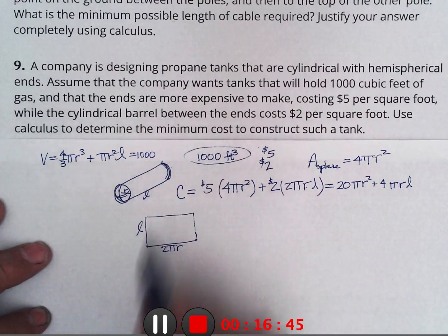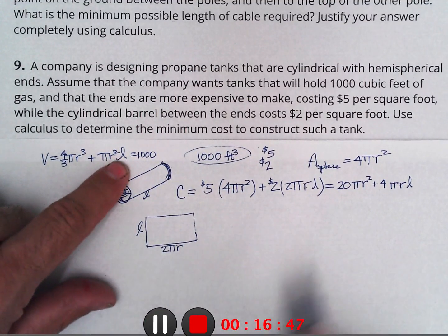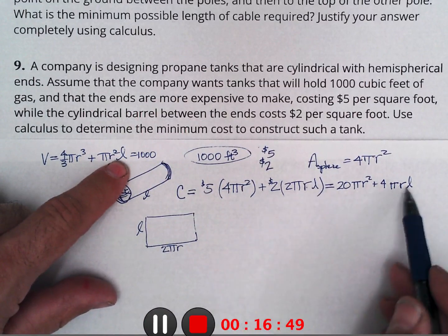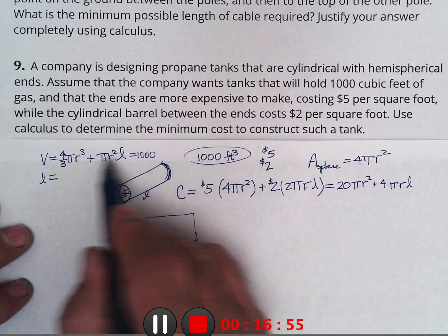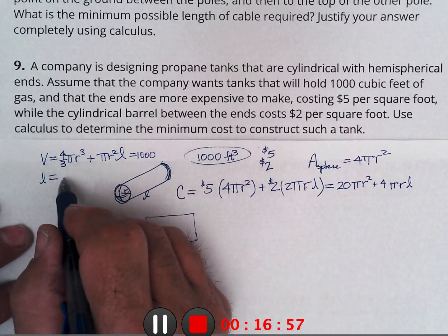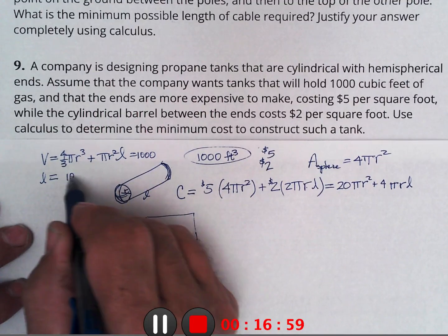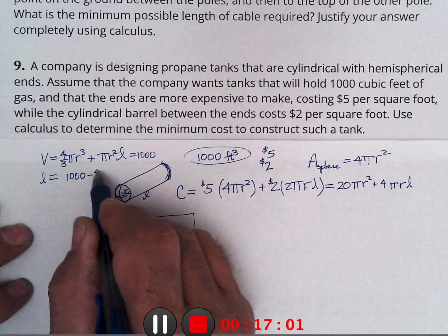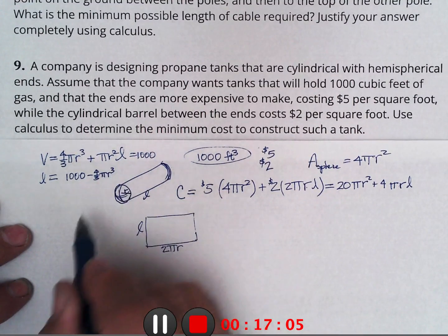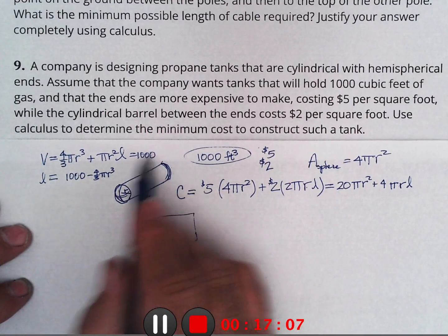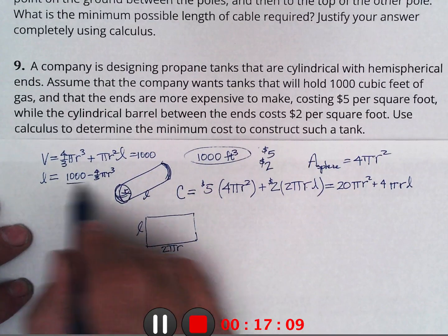So I think I can solve for L in this and get the L out of this equation. So L would equal, if I subtract that, I'm going to get 1,000 minus 4/3 pi r cubed, subtracting that from 1,000, and then dividing by pi r squared.